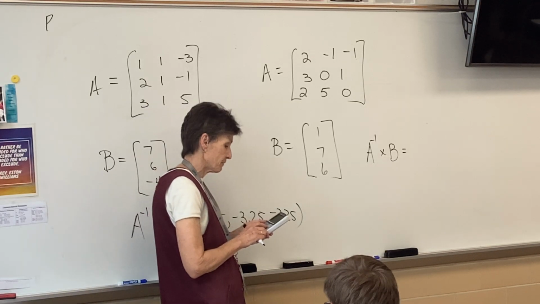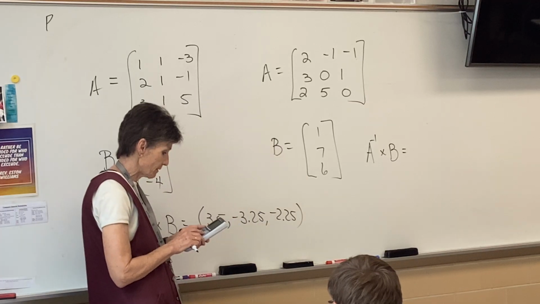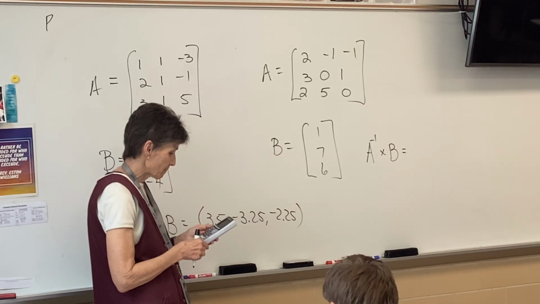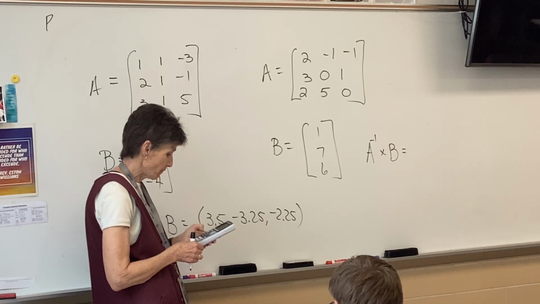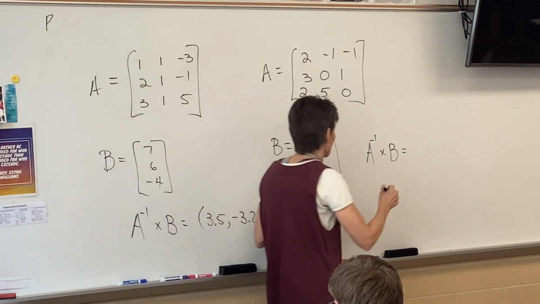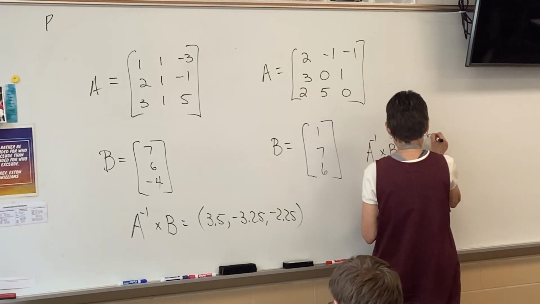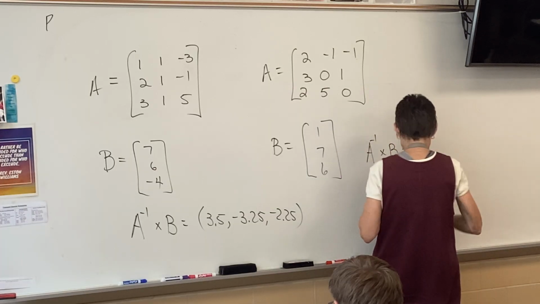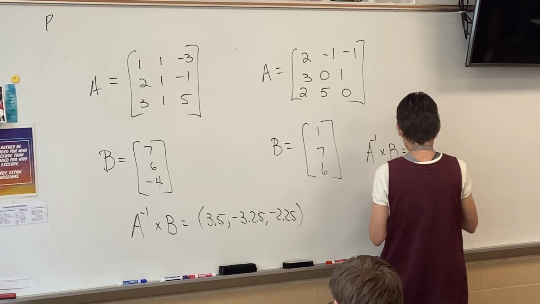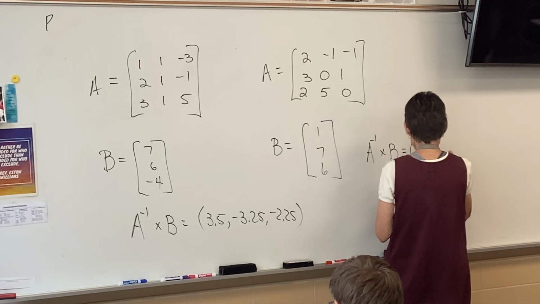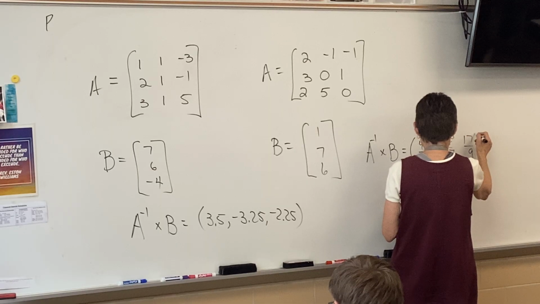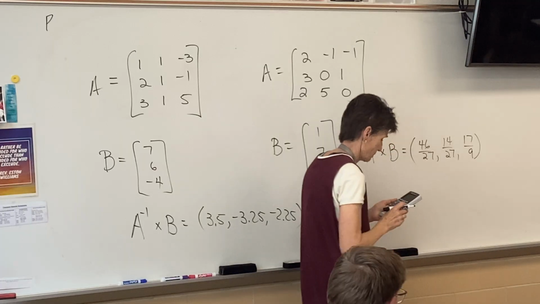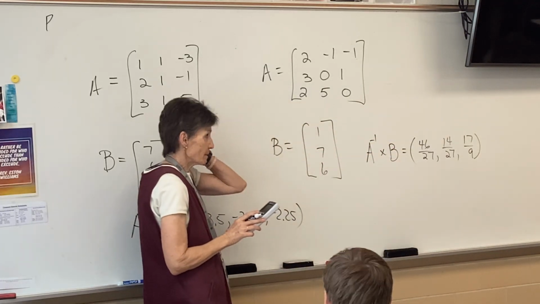Are the decimals awful? You can read these decimals. Otherwise, these are awful. Is this what you got? I got 17 and 9. I got 17.